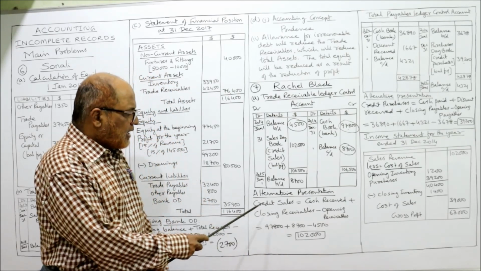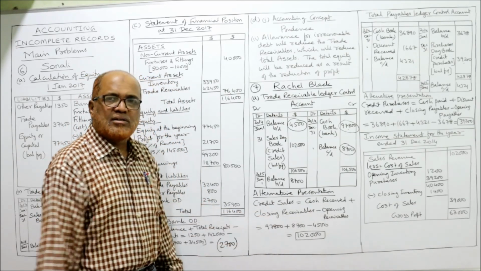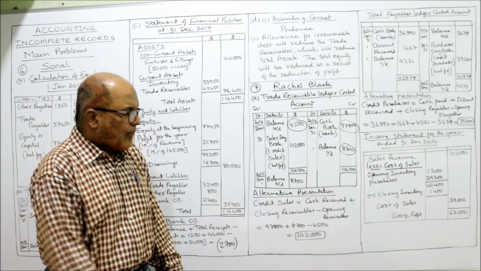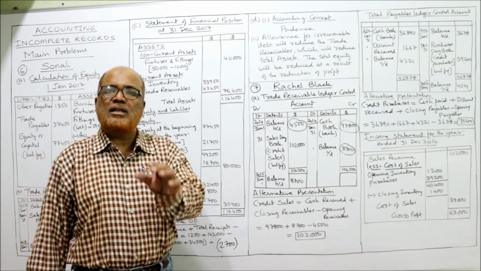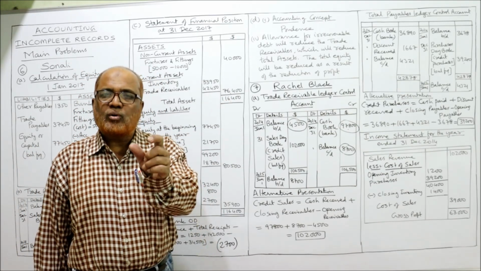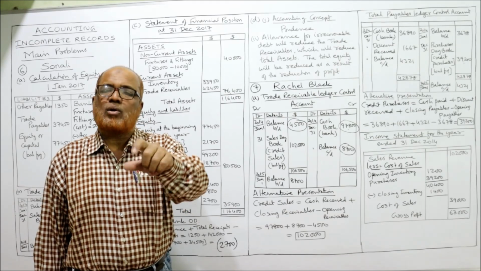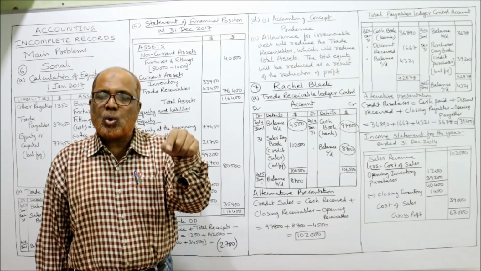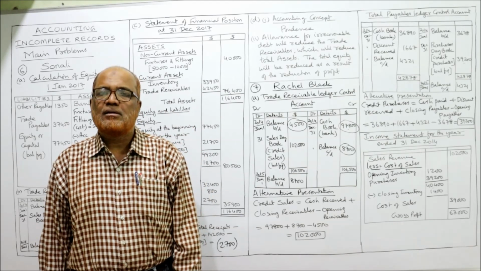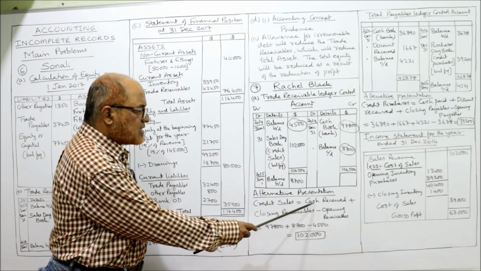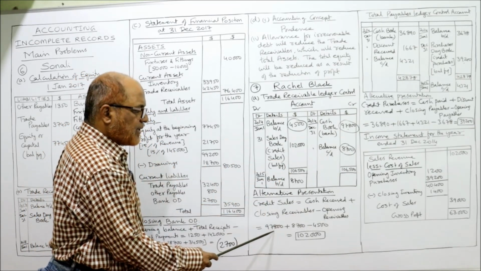So what is that equation? Credit sale is equal to cash received plus closing receivable minus opening receivable. Already this equation I have discussed in short questions. How to find out credit sales? Credit sales is equal to cash received from customers plus closing receivables minus opening receivables. So here cash received is 97,800.